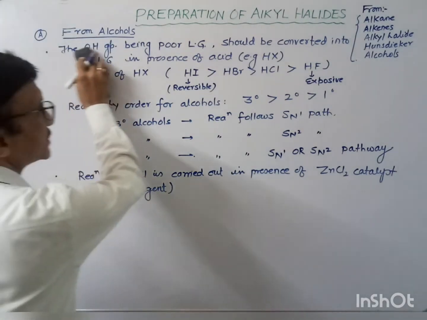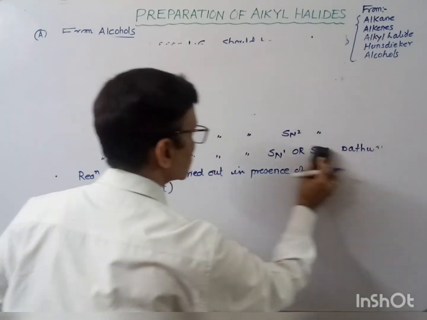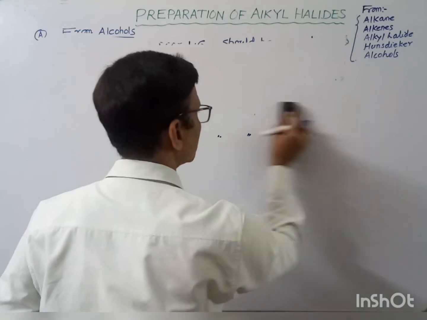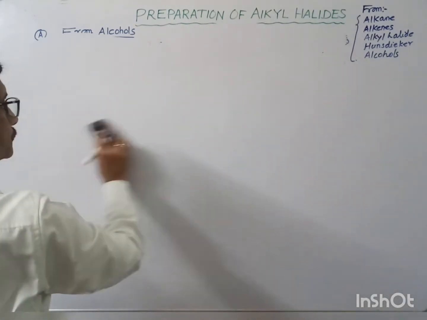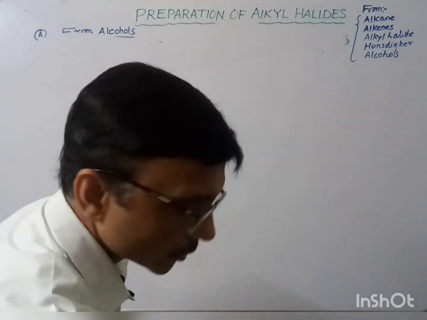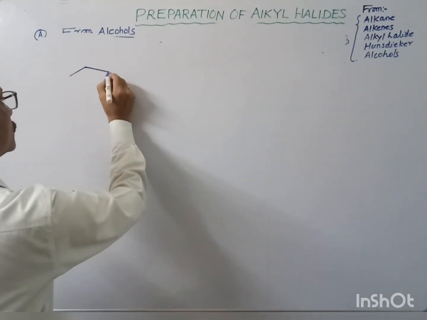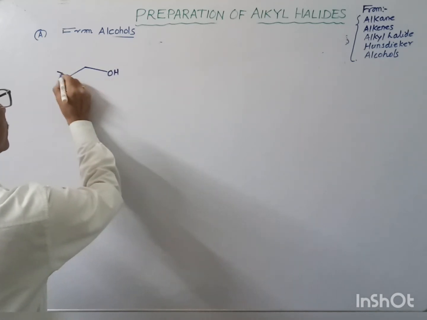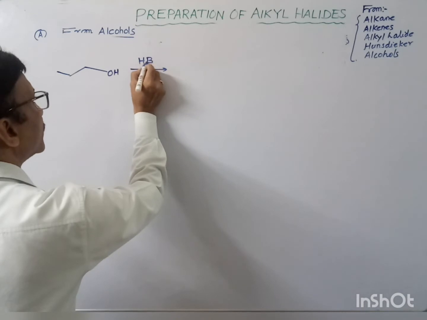Now, some of the examples. Suppose we are using a primary alcohol in presence of HBr.